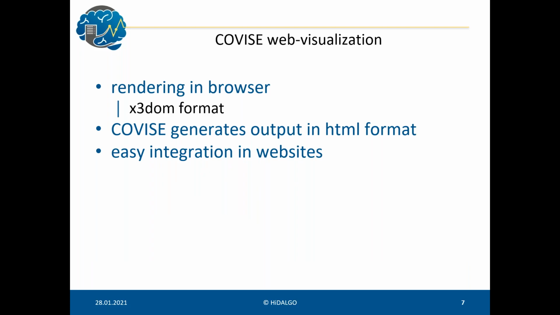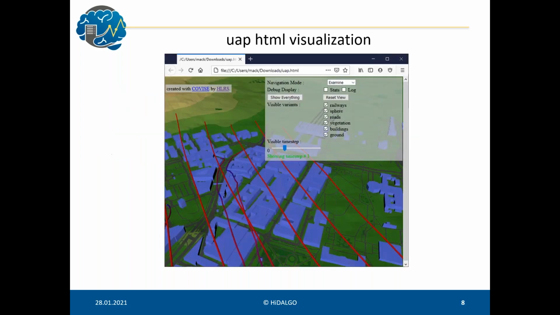It uses the X3D format, which is the successor of the VRML format and is approved as 3D web standard. This also allows us easy integration of our visualization in websites. You can just put it in there within an iframe, which is also the approach we will use in Hidalgo, because we are planning to give our users a web-based portal, and within this portal we will integrate this web visualization.